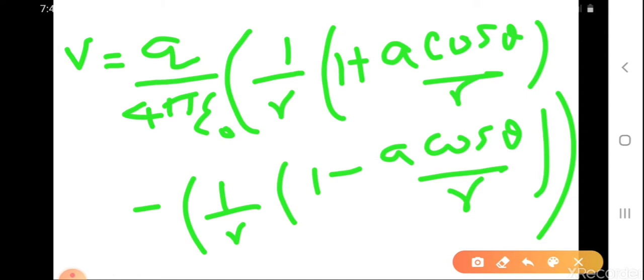Look at the equation in your notebook. We have got it. Now what will happen?